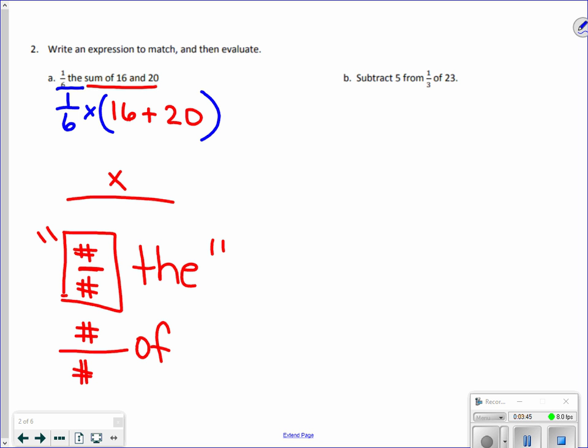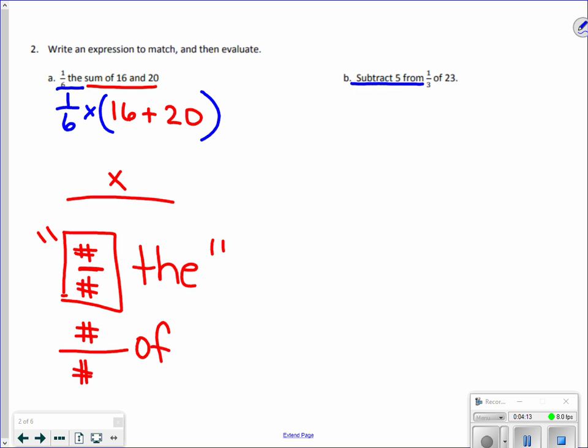Okay. Subtract 5 from 1/3 of 23. Now that one is worded so awful. Subtract 5 from. When it's 5 from, does 5 go in the front or in the back?